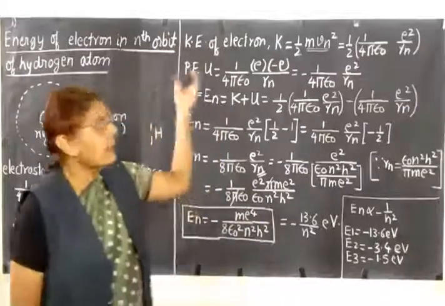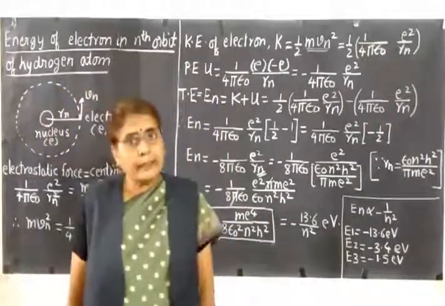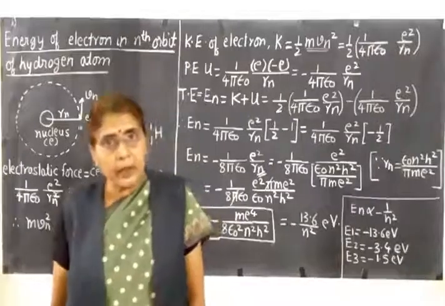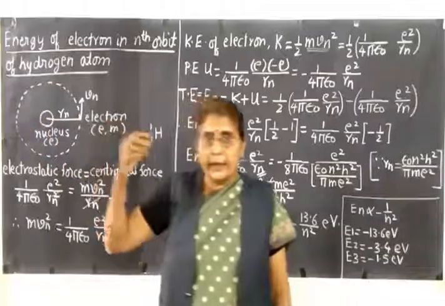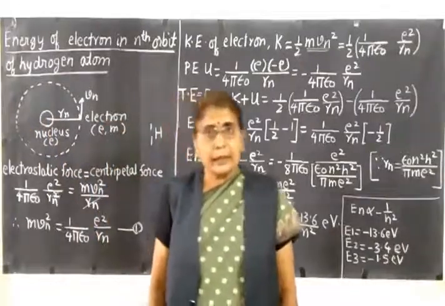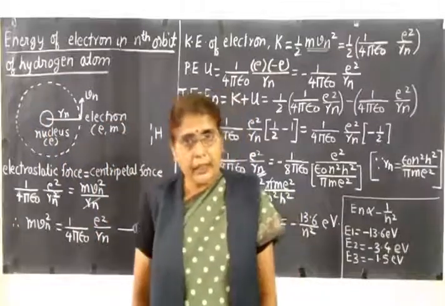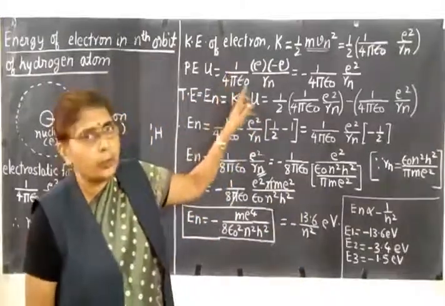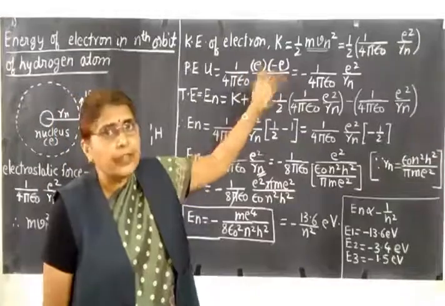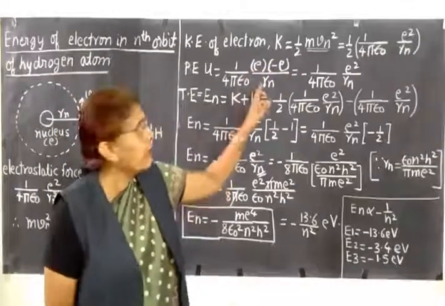Then the electron also possesses potential energy because it is in the electrostatic field of the nucleus. In the second chapter we have learned that the electrostatic potential energy is given as the constant 1 upon 4 pi epsilon 0, times the product of the charges along with the sign, divided by the distance.